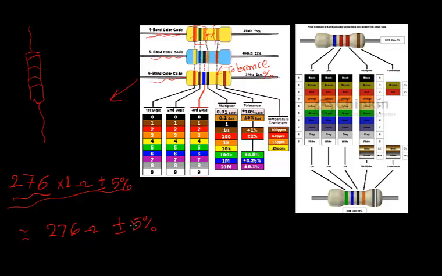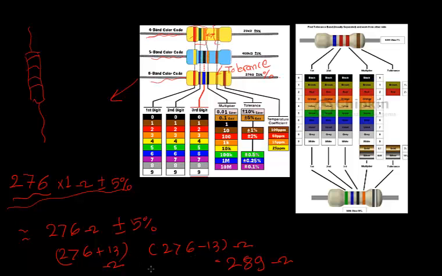Approximately 10% of 276 is 27, so 5% is around 13 ohms. So it's 276 plus 13 ohm, and 276 minus 13 ohm. So the value of that resistor will be between these two values, which is 263 to 289 ohms.